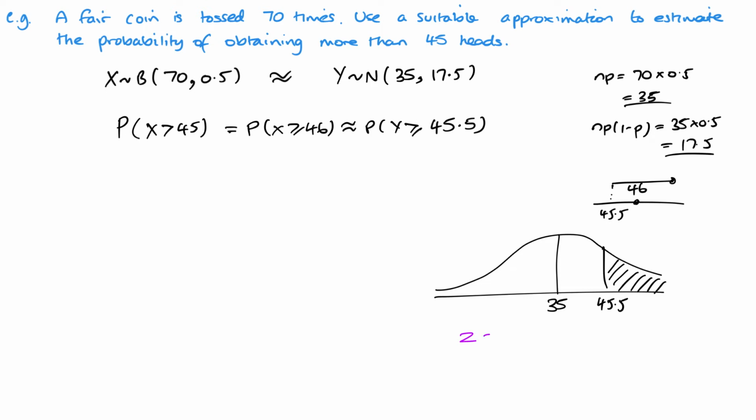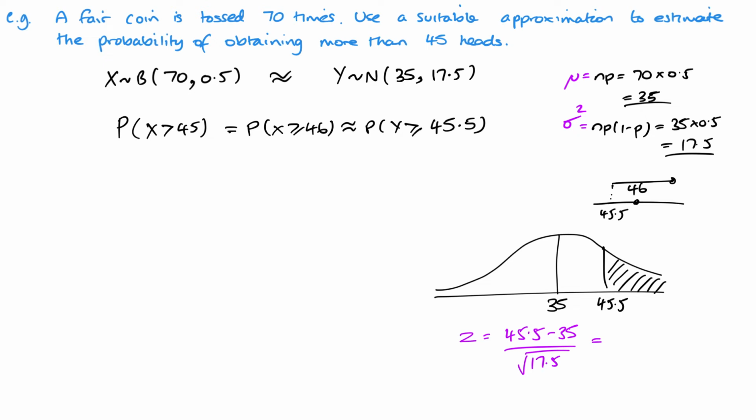All you need to do is find your value of z. So 45.5 minus 35 over the square root of 17.5, because what I've worked out here is the variance. So pop that in like that so you can remember the variance and the mean there.